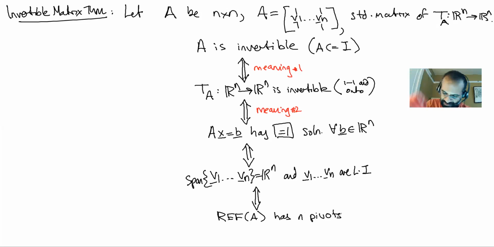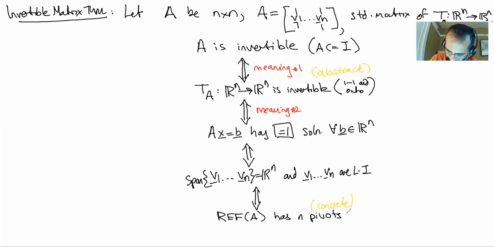We have some very abstract statements, like a certain linear transformation being invertible, and we have very concrete statements like the row echelon form has pivots. And we have all kinds of things in between.